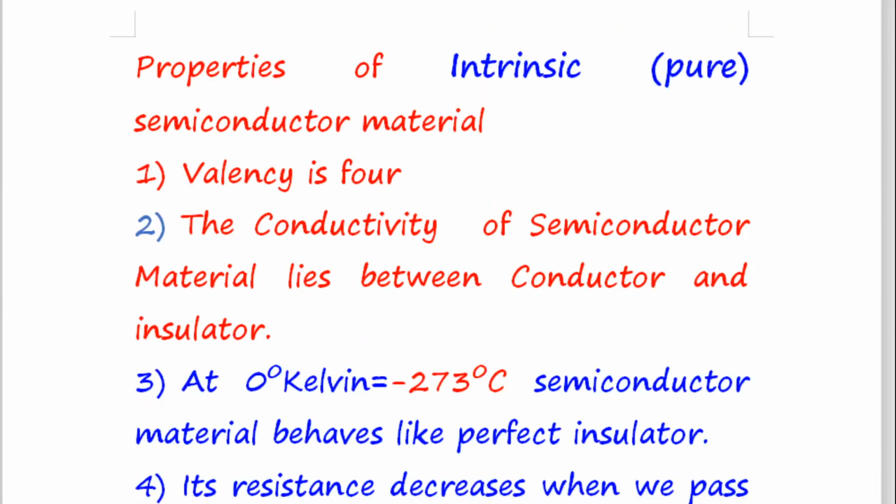Now, what are the other properties of the semiconductor material? The properties of intrinsic, that is pure, semiconductor material, meaning pure silicon and pure germanium. Its valency is 4. So the very first property of semiconductor material is what? Valency is 4. What do you mean by valency? Valency means the number of electrons present in the outermost shell.